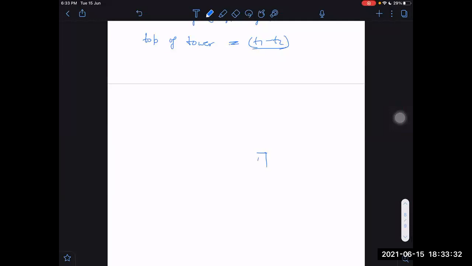So if we start from the top of the tower, I can set the time up to maximum height and the time from maximum height back to the top. TA, let us say, and TD again. TA will be equal to TD, equal to t1 minus t2 by 2. What will be the height attained then? We know the formula for height in terms of time.